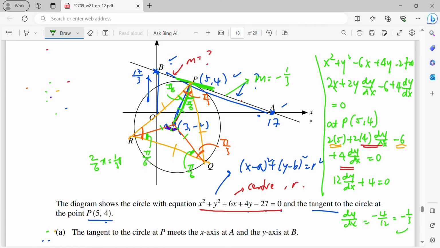Wait, let me check one more time. Okay, here pi over 3, orange color, pi over 3. Then okay, pi over 3 for all.